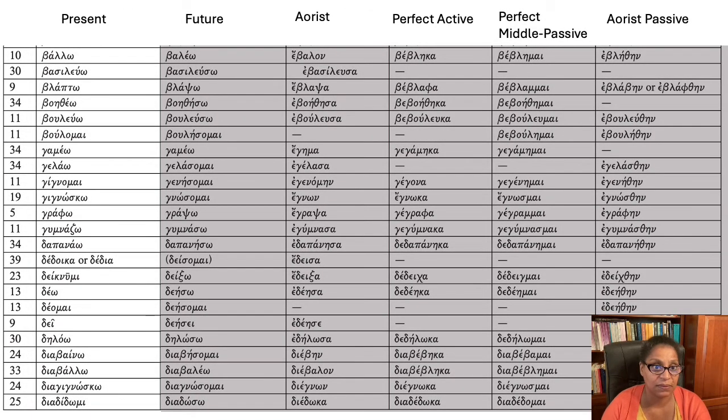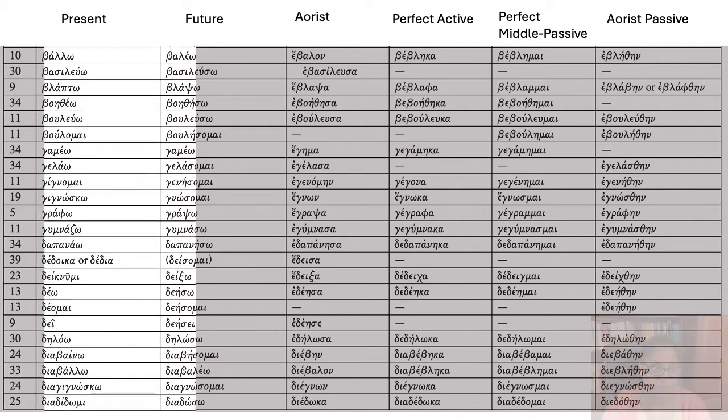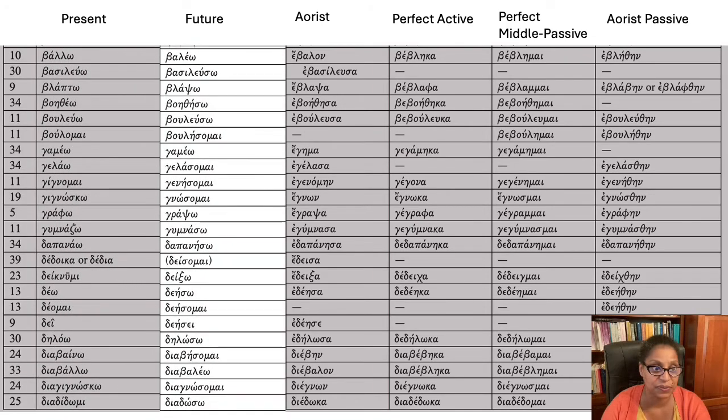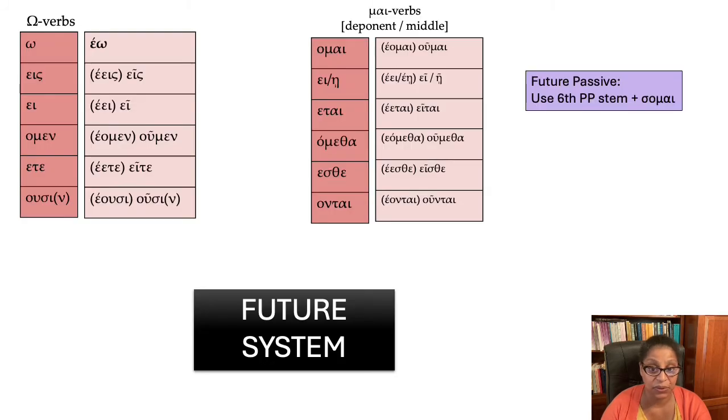So now let's move to the future. In the future, we're really only dealing with omega verbs. There are no mi-verbs in the future. So the endings are going to be just omega endings. So let's look at what we get. Even in the omega verbs, you only have the one contracted form, which is going to be the epsilon contract.